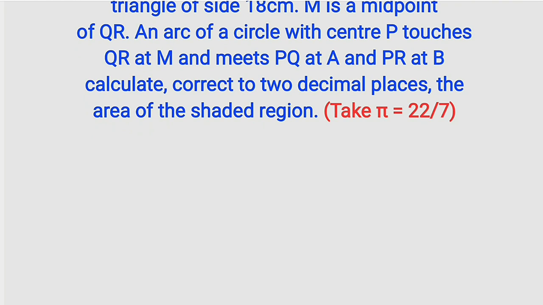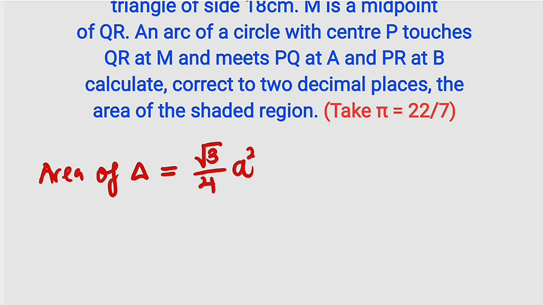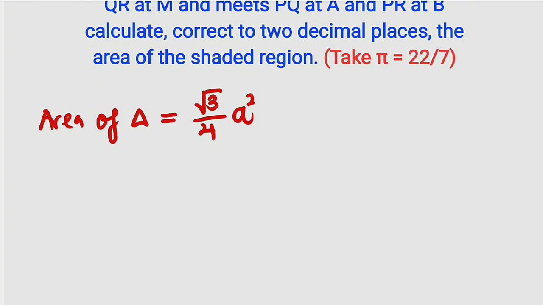You know, an equilateral triangle is a special triangle. So area of triangle, since it is an equilateral triangle, we can use this formula: square root of 3 divided by 4 multiplied by a squared, for which a is the side length, which is given as 18 centimeters.